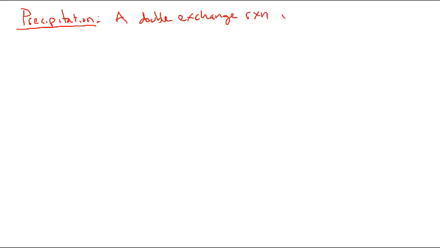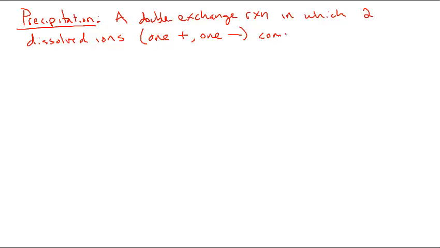in which two dissolved ions, one cation, one anion, come together to form a solid.